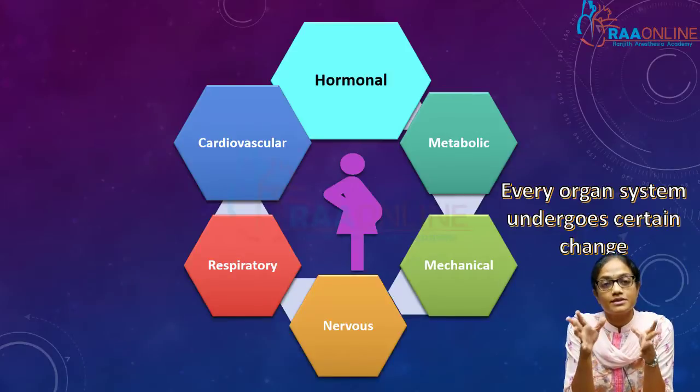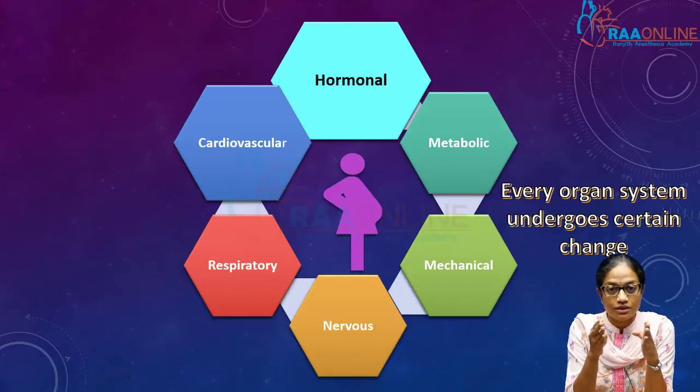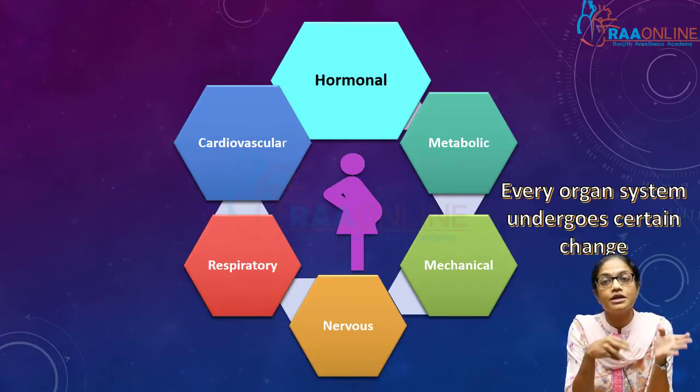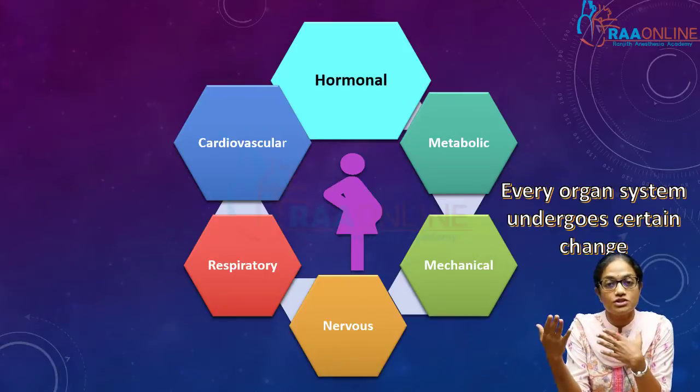Here is a slide that shows a pregnant lady in whom we can expect a multitude of changes, primarily the hormonal changes. The placenta releases hormones from the beginning. We have HCG in the initial stages, and after placentation is completed, the progesterone and estrogen continuously increase and cause changes in every system.